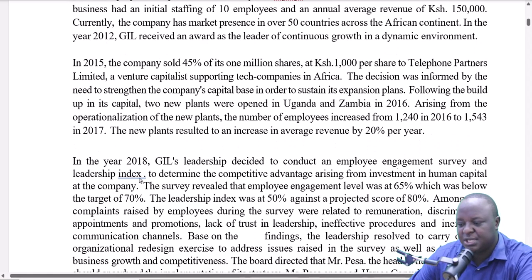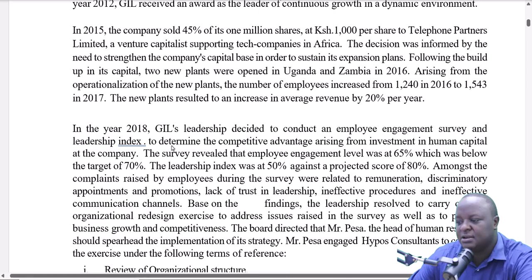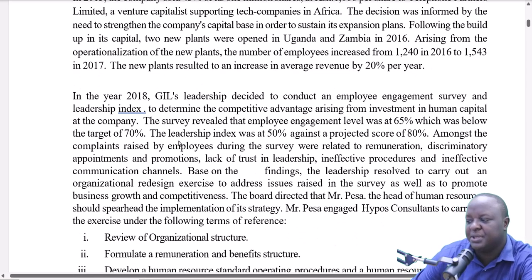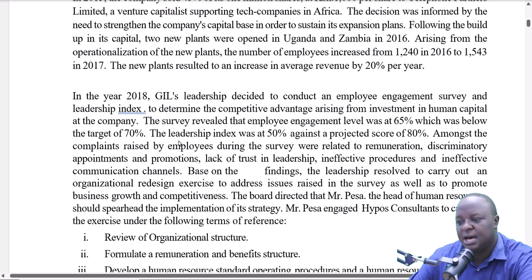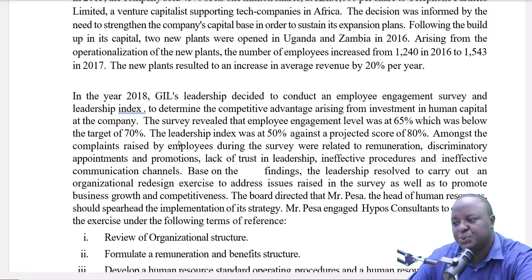In the year 2018, GIL's leadership decided to conduct an employee engagement survey and leadership index to determine the competitive advantage arising from the investment in human capital at the company. The survey revealed that employee engagement level was at 65%, which was below the target of 70%.